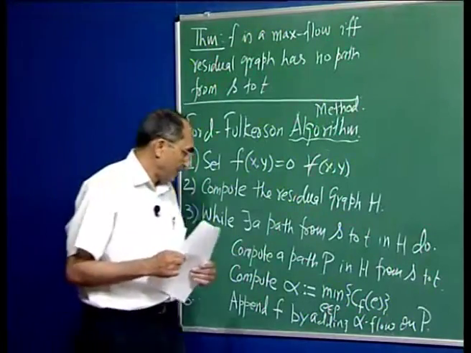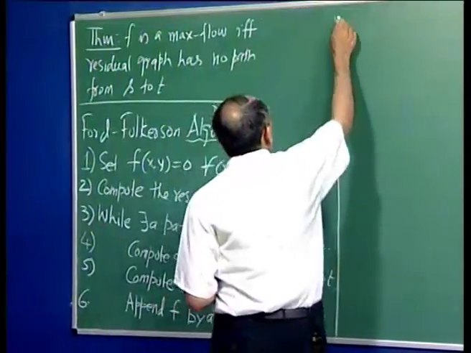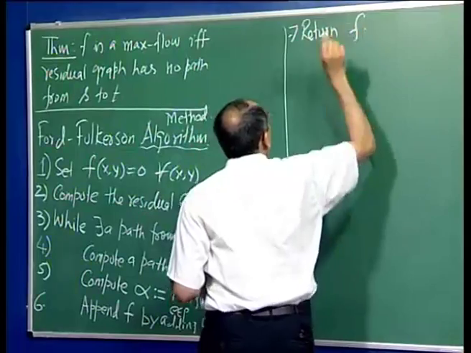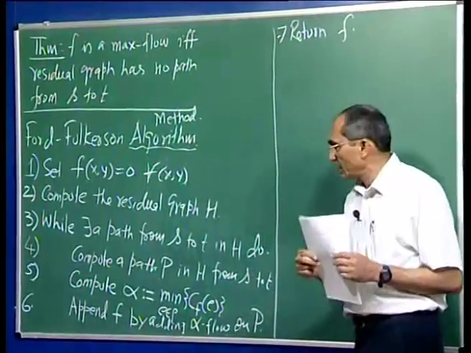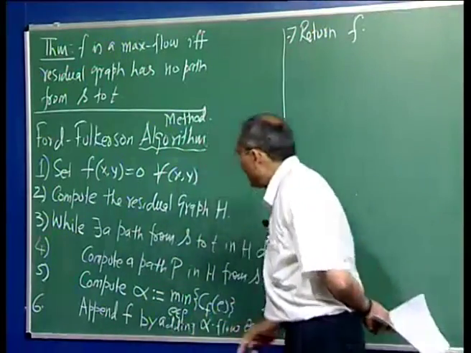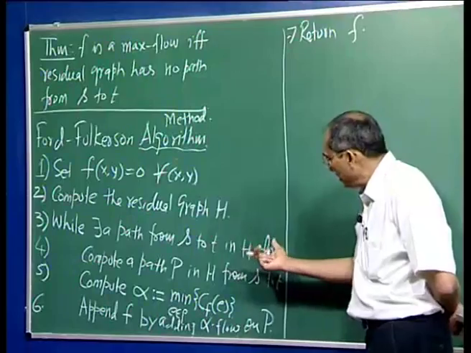And when this is over, you return f. Well, if this is over, that means there is no path in the residual graph.